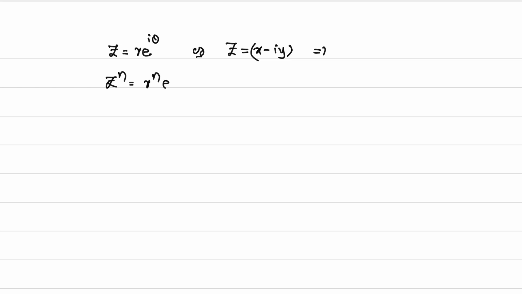And the meaning of it is Z is equal to r into e to the power of I theta, or Z is equal to x plus iy denotes z to the power of n is equal to r to the power of n into e to the power of I theta n.